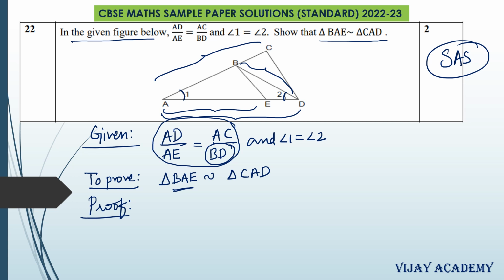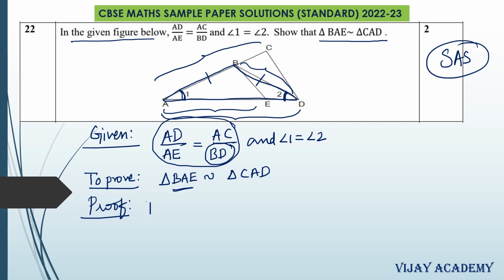Look at the triangle BAE. In the triangle BAD, we know that angle A and angle D are equal. So we have the isosceles triangle theorem. It says that the sides opposite to equal angles are equal.